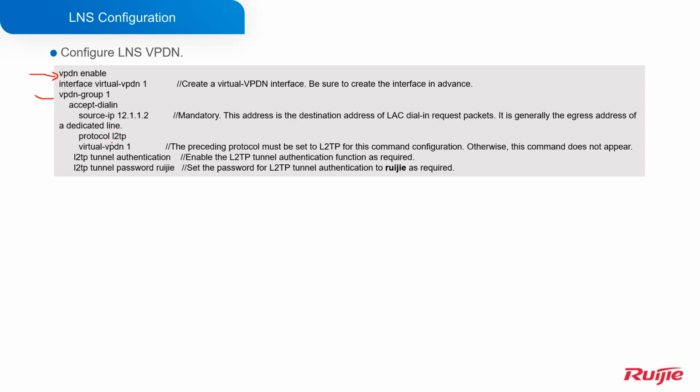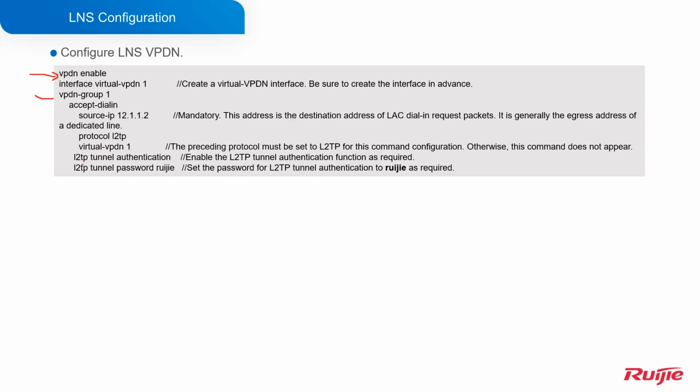And we use the protocol L2TP. And for virtual VPN 1, this protocol must be set to L2TP for the command configuration. Otherwise, the command will not appear. So this is a basic one.